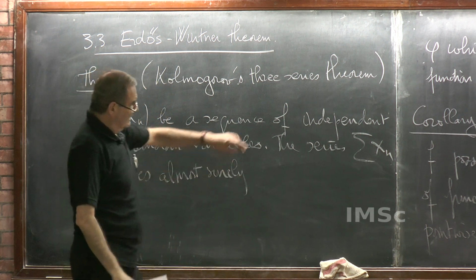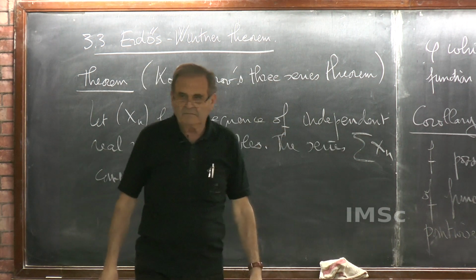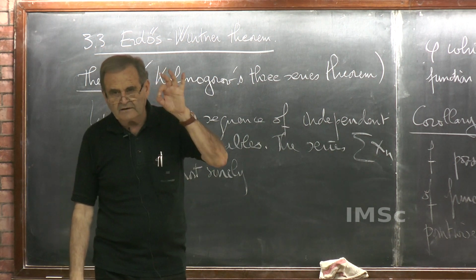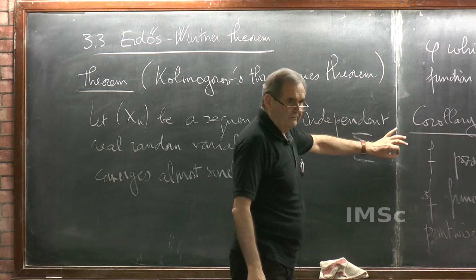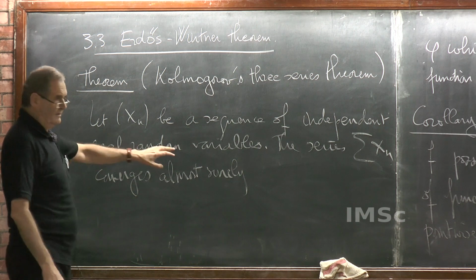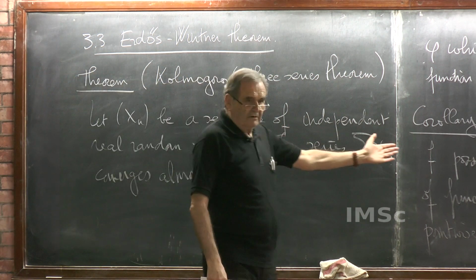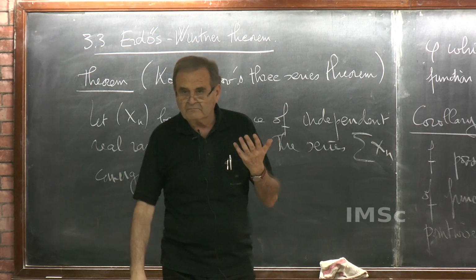So you know what it is. You have some probability space somewhere, okay? And for each element little omega in this probability space, x_n of omega is a real number because you have real random variables. So when you have a family of real numbers, it makes sense to say whether the series converges or not.